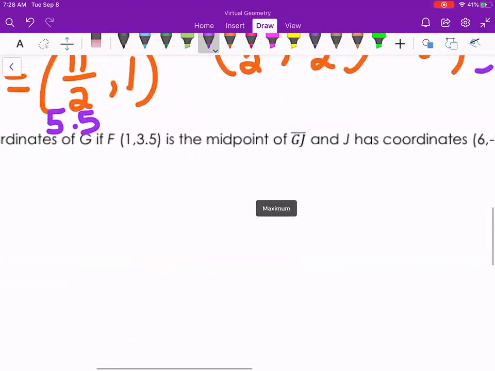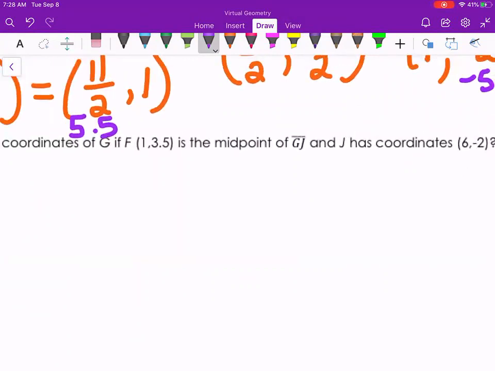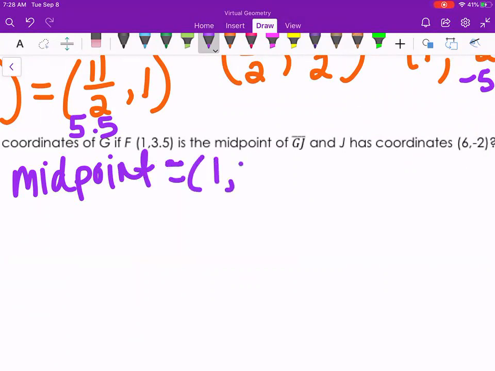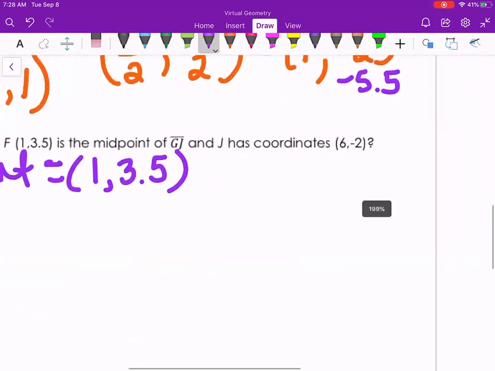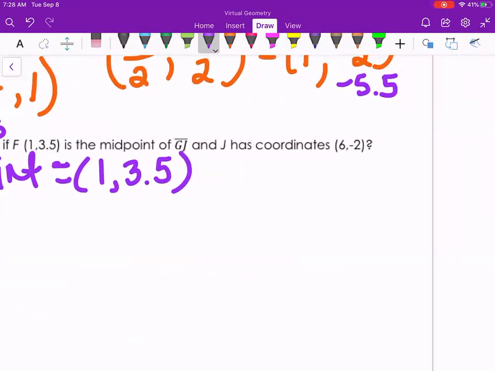So guys, this time they're giving you a midpoint. So they tell us the midpoint is 1 and 3.5. They also tell us that J has the coordinates at 6, -2.